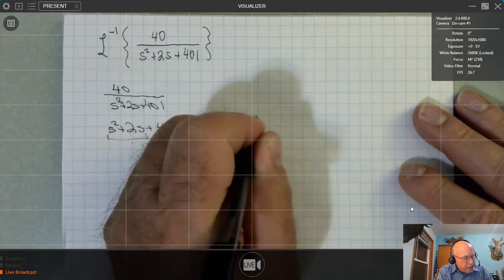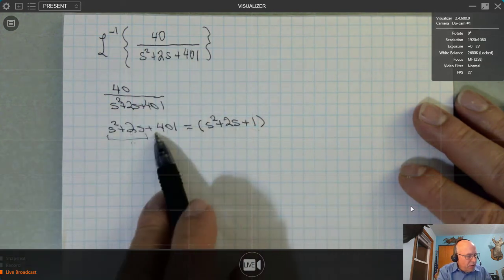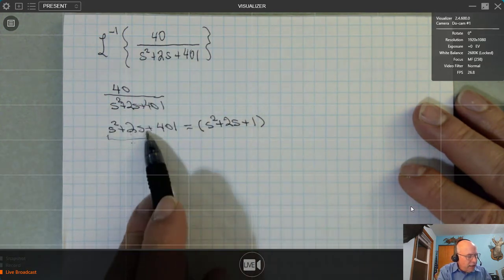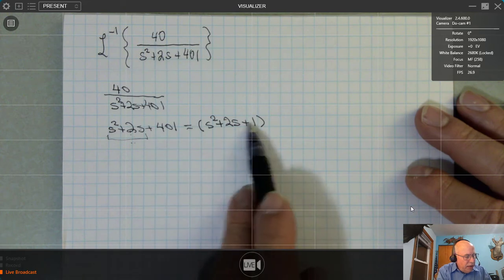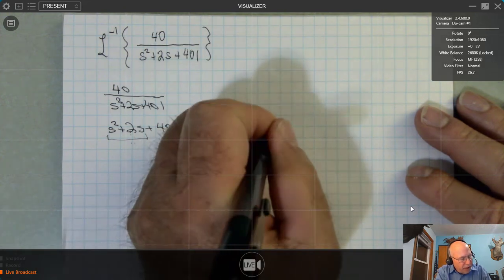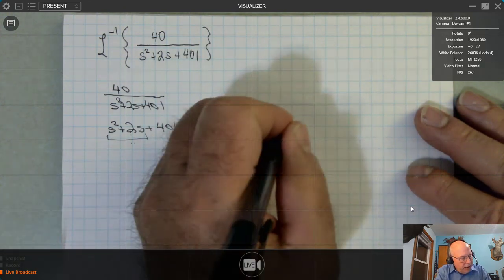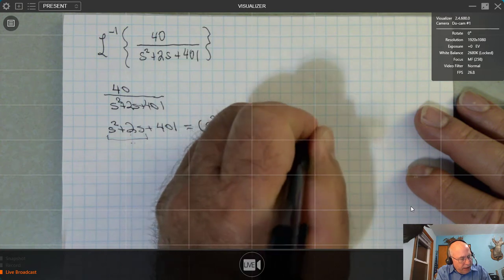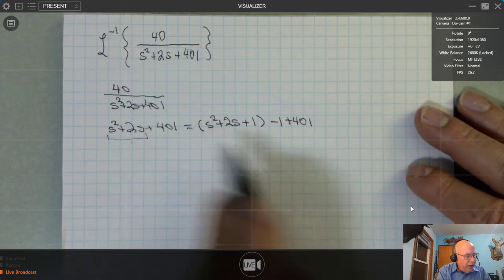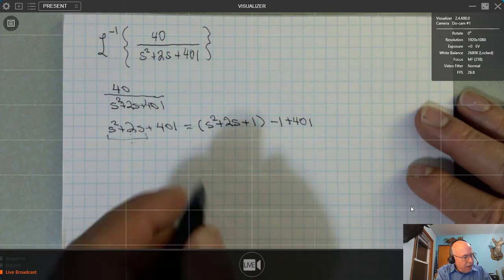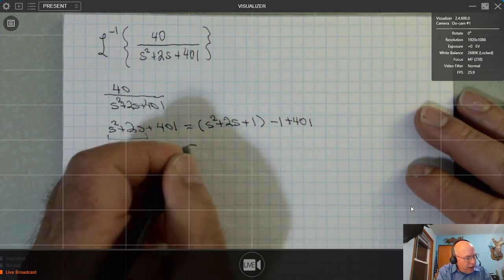Now I can't just go throwing ones in unless I take them back out. So I added a 1, therefore I'm going to subtract a 1, and then I'm going to write down that last term there, 400, and now you're starting to get some insight into where that 401 came from.